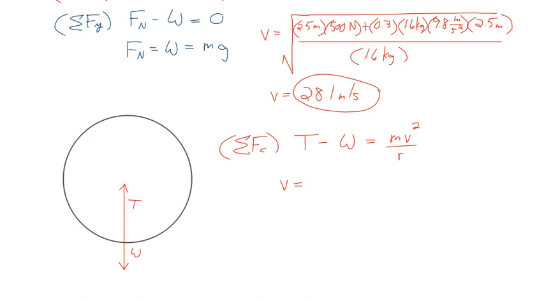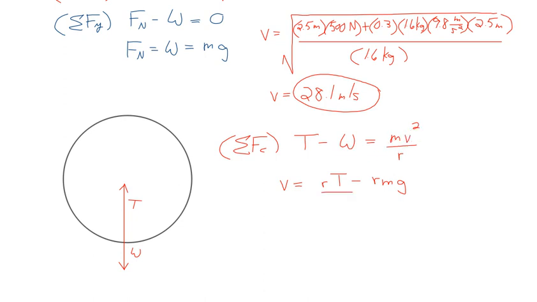So multiplying everything by r, so I'm going to have rT minus r, and like I said, I'm replacing W with mg, so it's going to be rmg. So that will get rid of this, because this has now been brought over. And now I'm going to divide by m and take the square root.